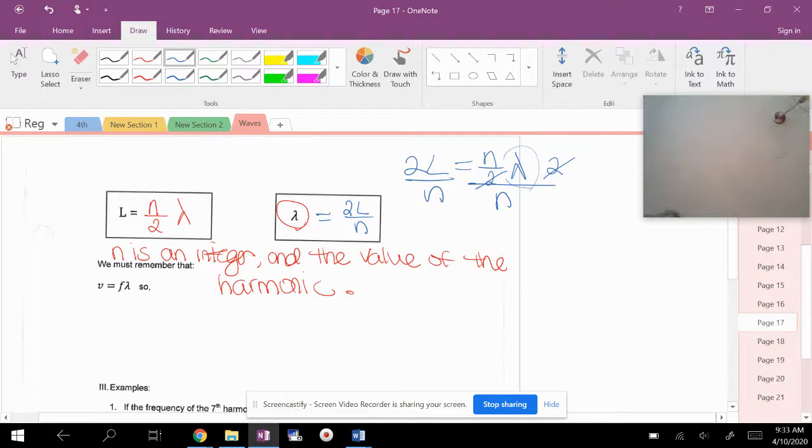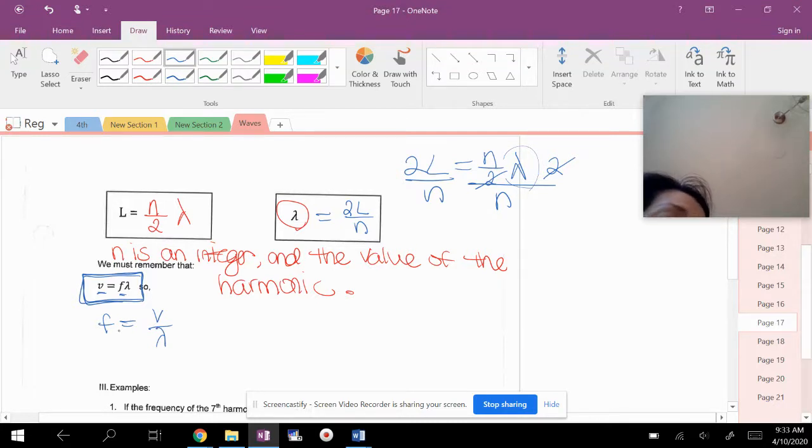Okay, so what about the frequencies? Well, this is the first equation we talked about in this unit. I'm going to rearrange this, and instead of solving for V, I'm going to solve for F. F equals V over lambda.